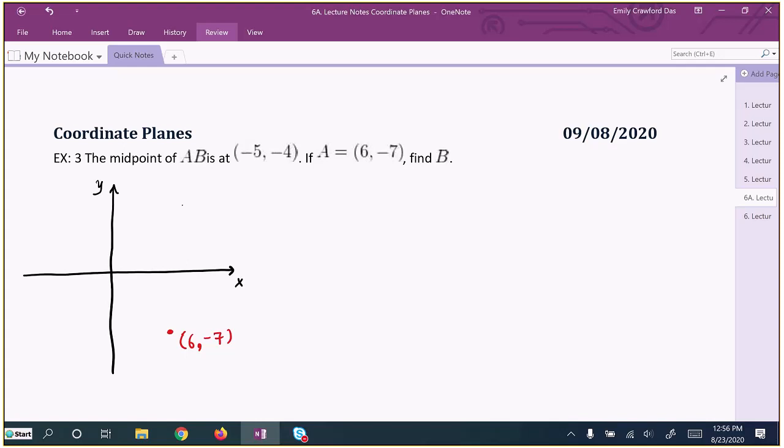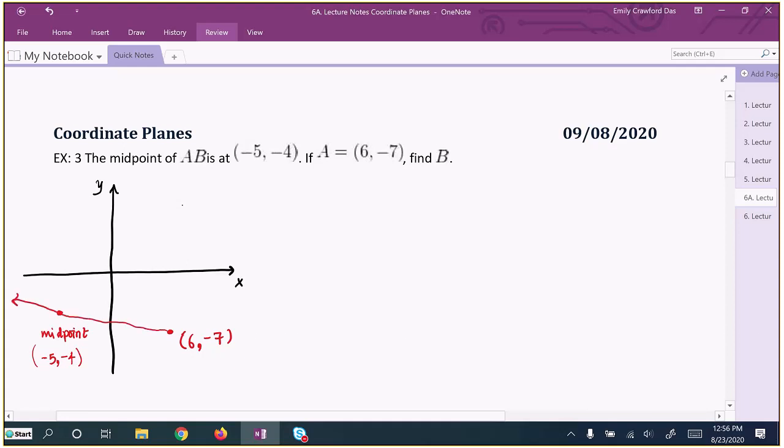So let's roughly plot (-5, -4). So this point, (-5, -4), is halfway between A and B. So that seems to suggest that B should be somewhere further out here.